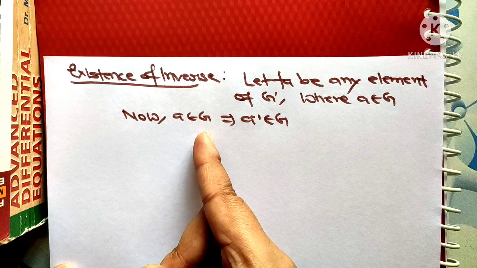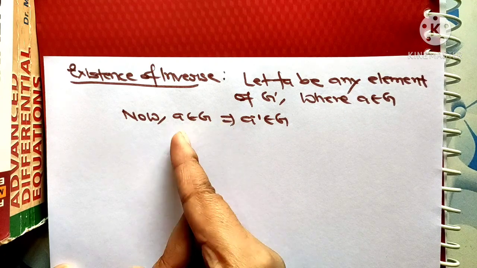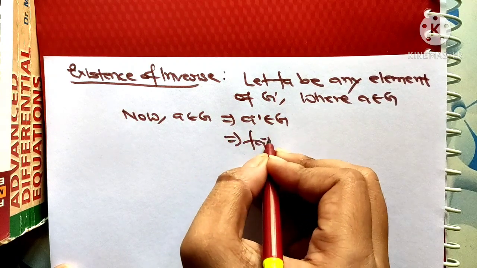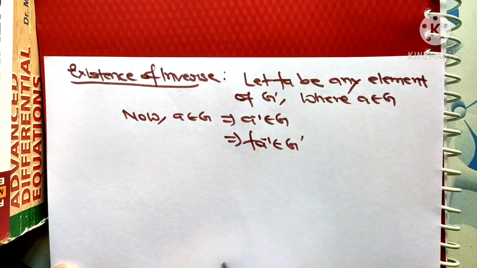So A is any element belonging to G, so its inverse is also belonging to G. Then we know that f of A inverse also belongs to G dash.